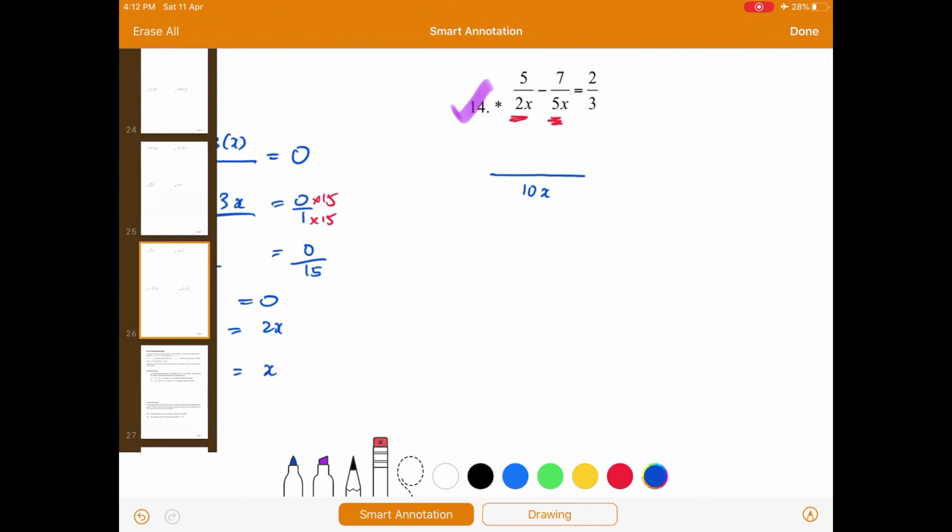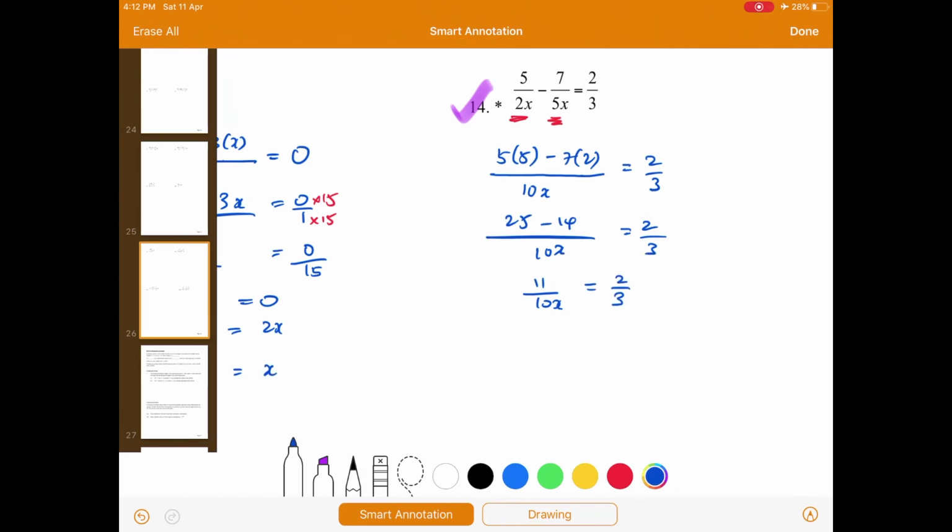So the first fraction you have to multiply by 5, and the second fraction you have to multiply by 2. So we get 25 minus 14. So upon simplifying this, we will get 11 over 10x is equivalent to 2 over 3.